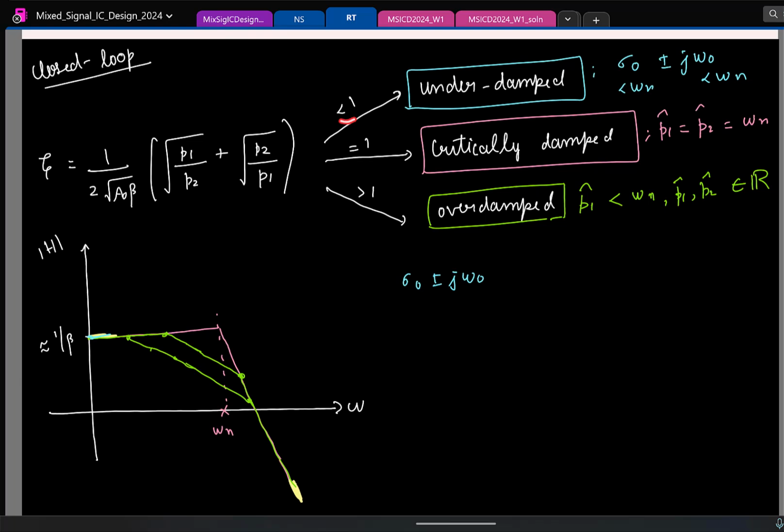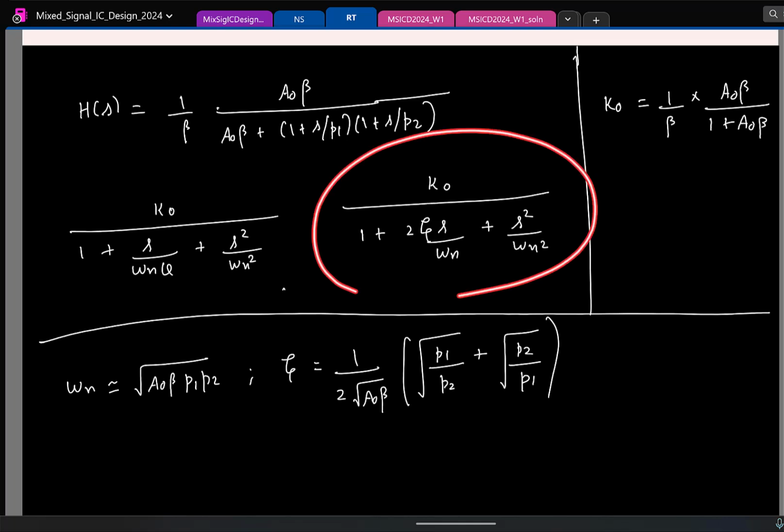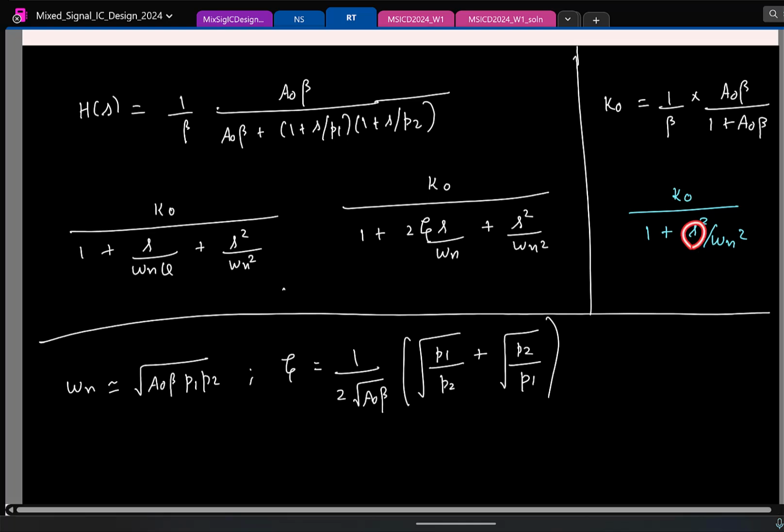So let us say zeta is very, very small compared to 1. What can be a limiting case for zeta? 0. Let's take zeta 0. If I put zeta 0 here, what is the transfer function I get? Zeta 0, what is the transfer function? K naught omega n square, right?